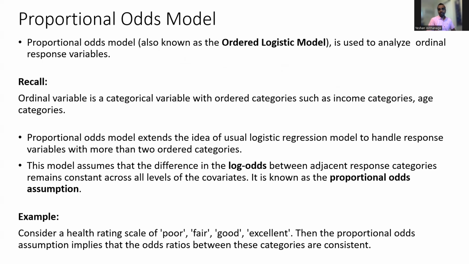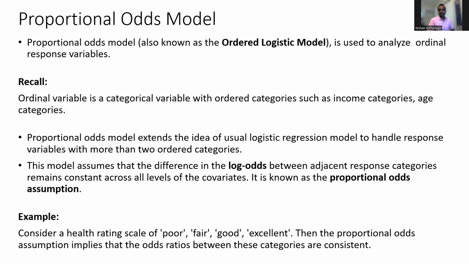For completeness, I will briefly introduce the proportional odds model, which is the logistic regression model for ordinal responses. If we have a response variable that is categorical by nature, but order matters, like income categories, then we need to use the proportional odds model to analyze such a case.